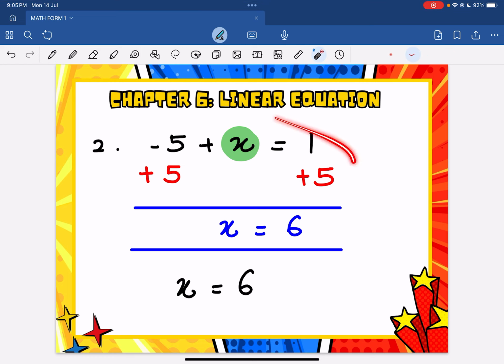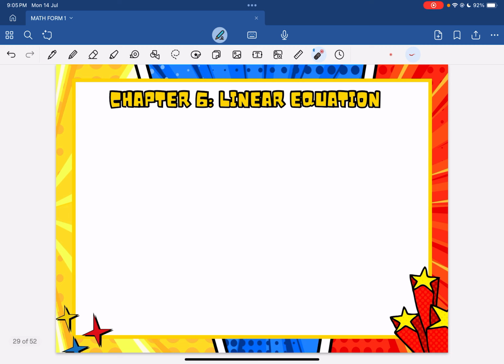So you can do like this. Or you also can do like this. Previously I taught you like this. Negative 5 plus x equal to 1. The difference is only that I make it in one line.